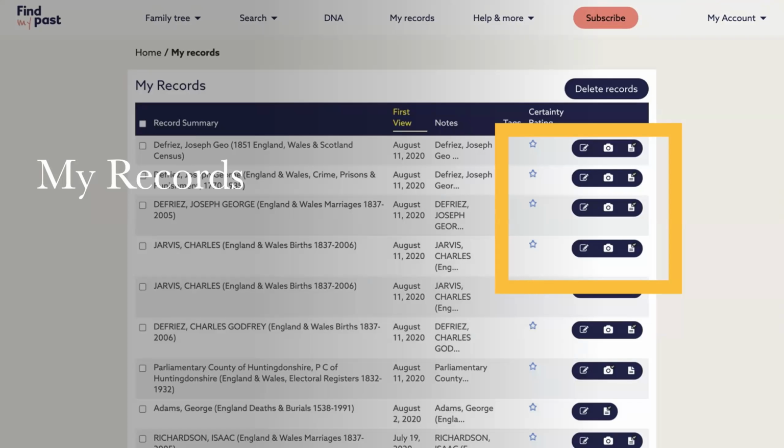And over on the right-hand side, you'll see I've highlighted a section, and you'll see that there's a way to edit, to look at images if the images exist, or look at the transcription if there's a transcription of the records. So those are kind of the ways. Many, many more records are transcribed than we have images for, just because of the restrictions that I spoke of a moment ago.